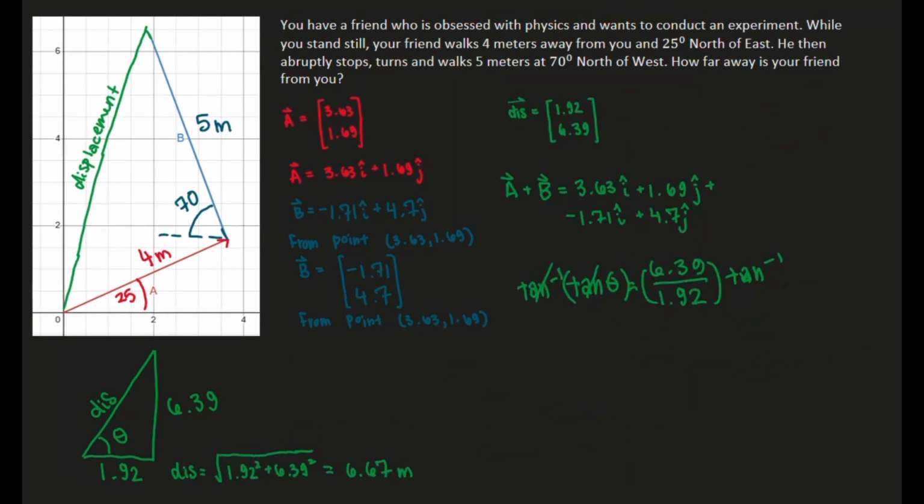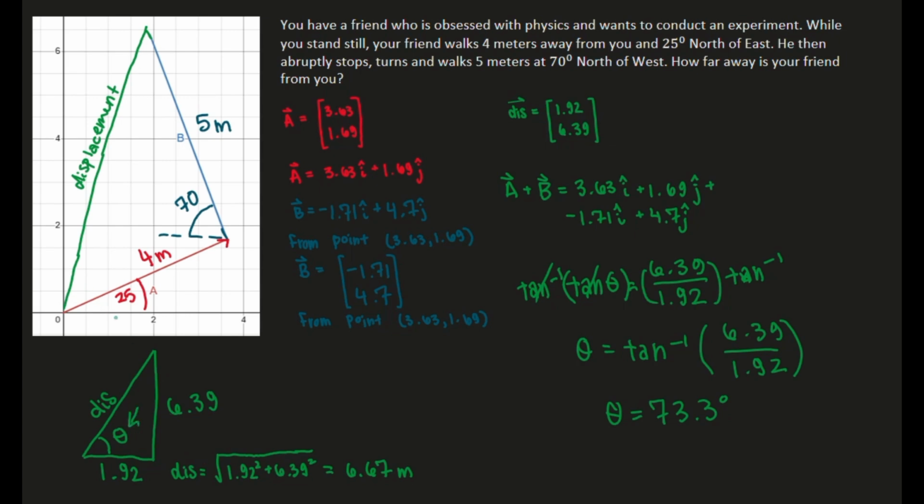So theta is equal to the tan inverse, or arctangent, of 6.39 over 1.92. If I plug that into my calculator, I get that the angle is approximately 73.3 degrees.